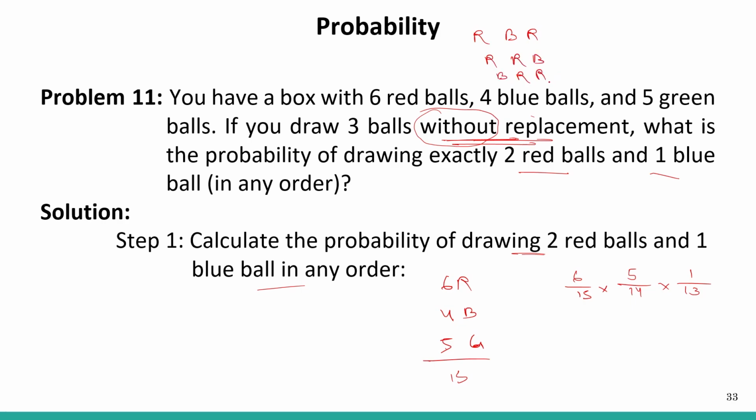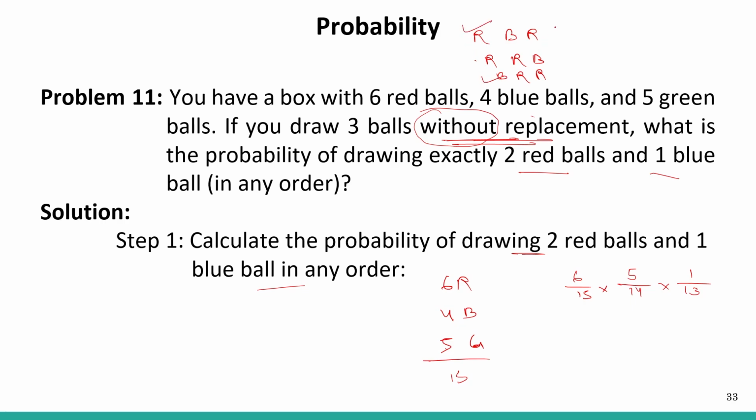Only these 3 conditions can happen. In the first case, we draw red, red, then blue. The remaining possibilities are red, blue, red and blue, red, red.